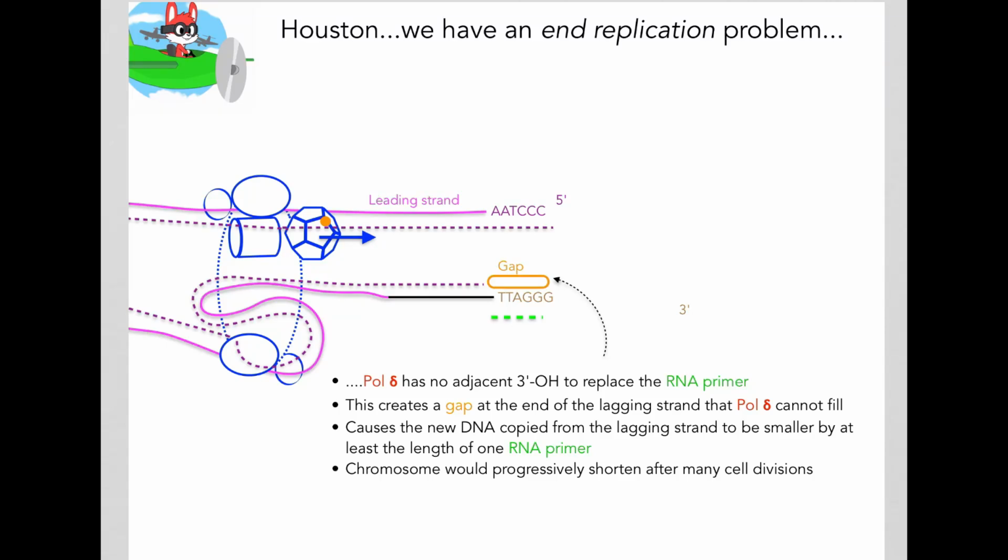This means that every time the chromosome divides, there will be this gap present at the end when copying the lagging strand. And this gap would be at least the size of one RNA primer. Okay, so this would mean that the chromosome would progressively shorten after many cell divisions.